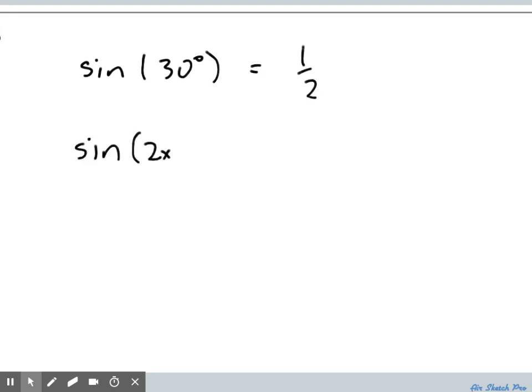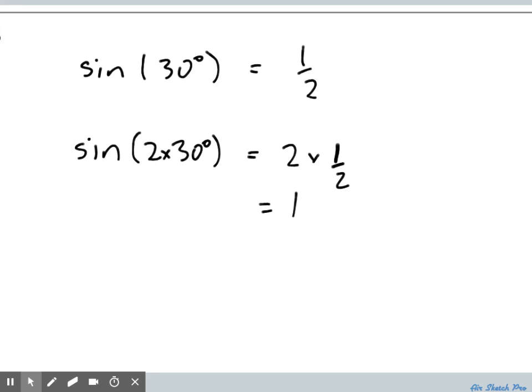But suffice to say, first of all, what is the sine of 30 degrees? Pi on 6 is what 30 degrees is, but I'm looking for the sine of that angle. 1/2, a half. So the sine of 2 times 30 degrees would be 2 times a half, which is equal to 1, right?